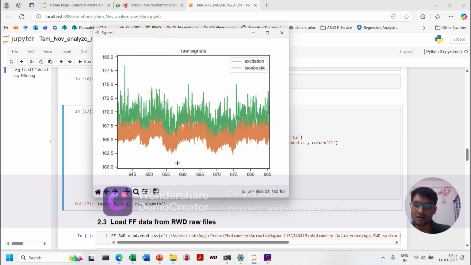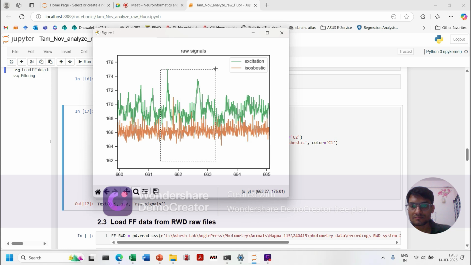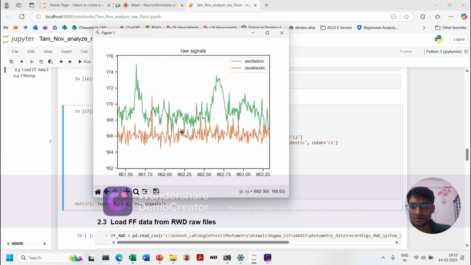If you zoom into it here, there are some jumps which are present in isosbestic, which are also present in excitation. Not always. So this peak is only present in excitation. So this is probably the peak of actual dopamine release inside the brain.